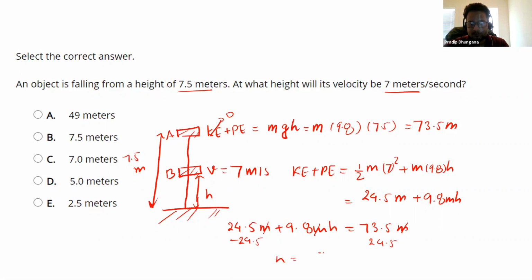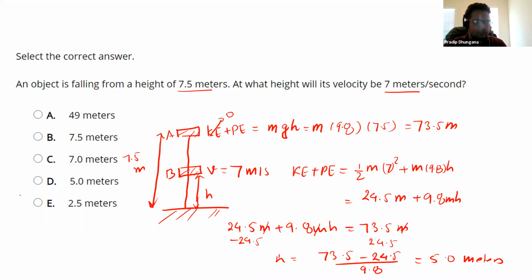So h is 73.5 minus 24.5 divided by 9.8, and that is nearly equal to 5 meters. So the correct choice for this problem is that at a height of 5 meters from the ground, the object will have a velocity of 7 meters per second.